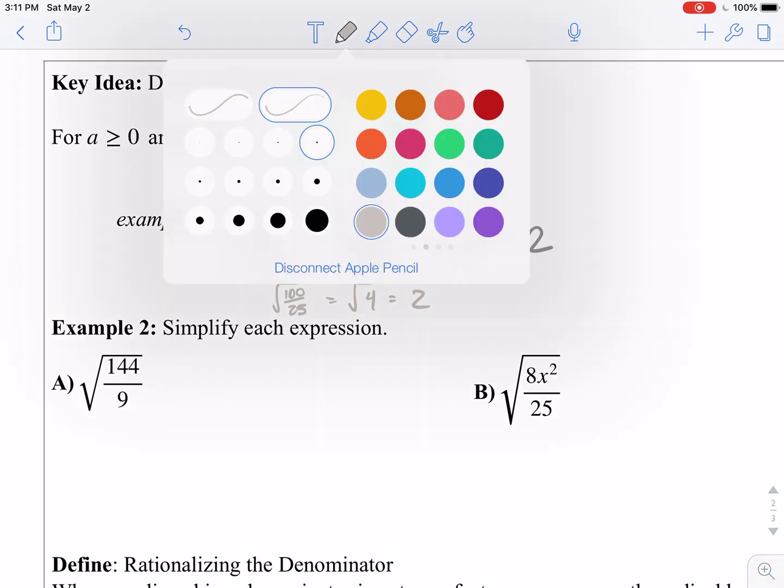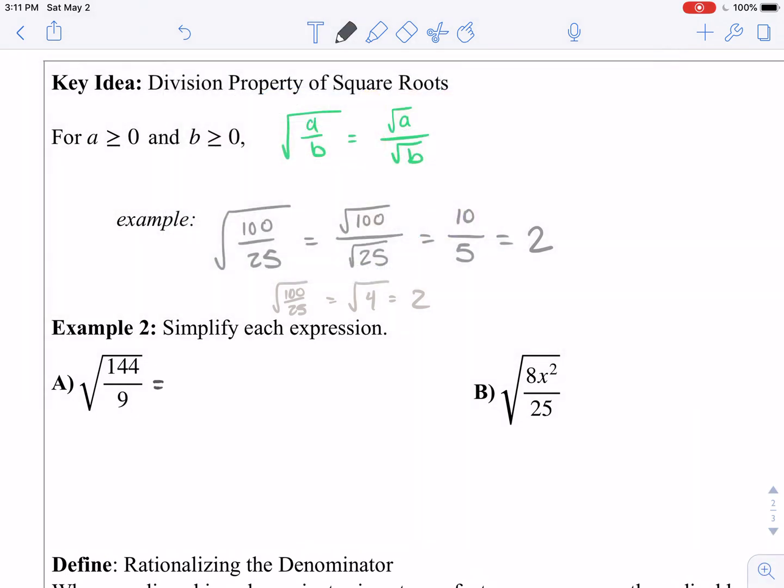Okay. So we're going to use that same knowledge to simplify each of these two expressions. So let's go ahead and break this up into two radicals. That's the same thing as the square root of 144 divided by the square root of 9. Now the square root of 144 is 12, the square root of 9 is 3. 12 divided by 3 is 4. So the square root of 144 divided by 9 is 4.